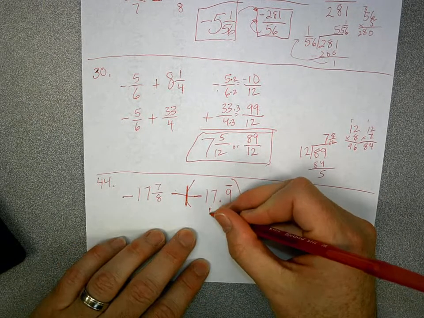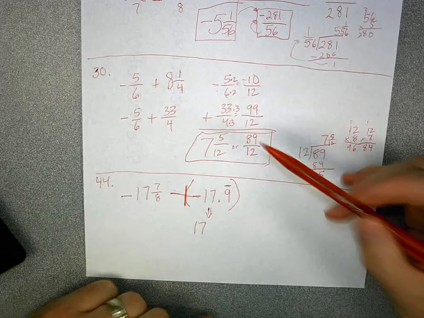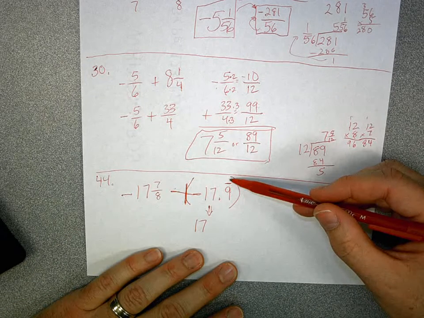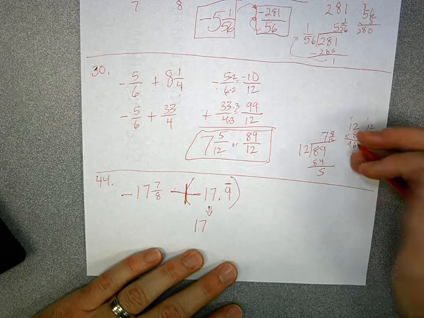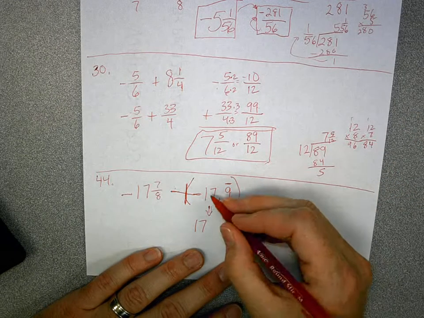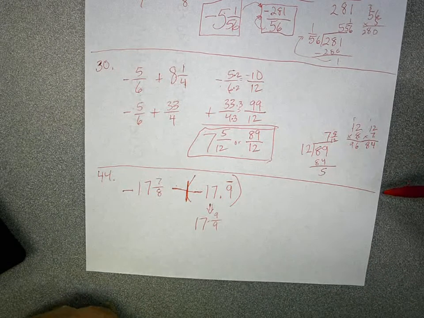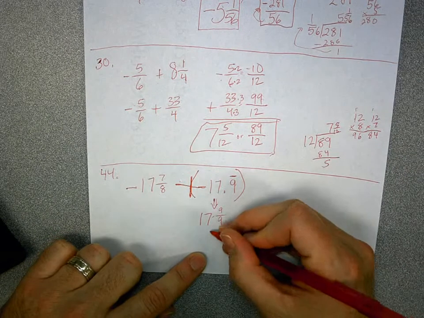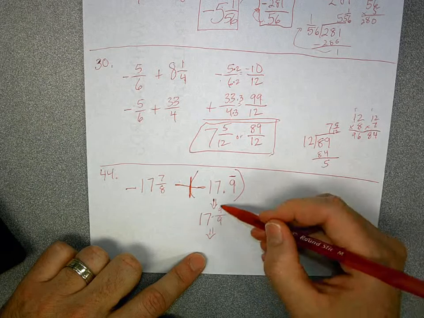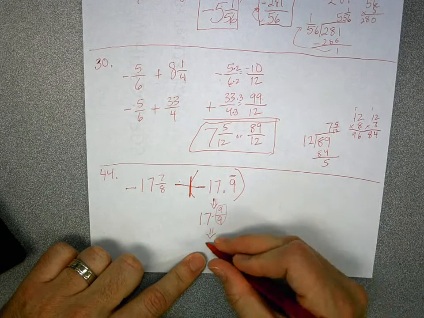So remember what we talked about. This is normally 9/10, but when it's a repeating decimal, instead of it being over 10, it's over 9. So what we have is 17 and 9/9, which is a little weird, right? Because if this is basically considered one whole, we're looking at 18.